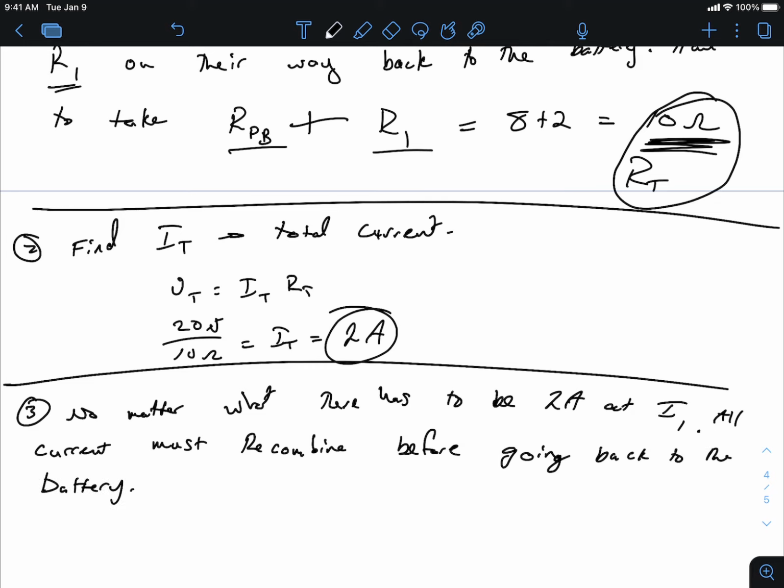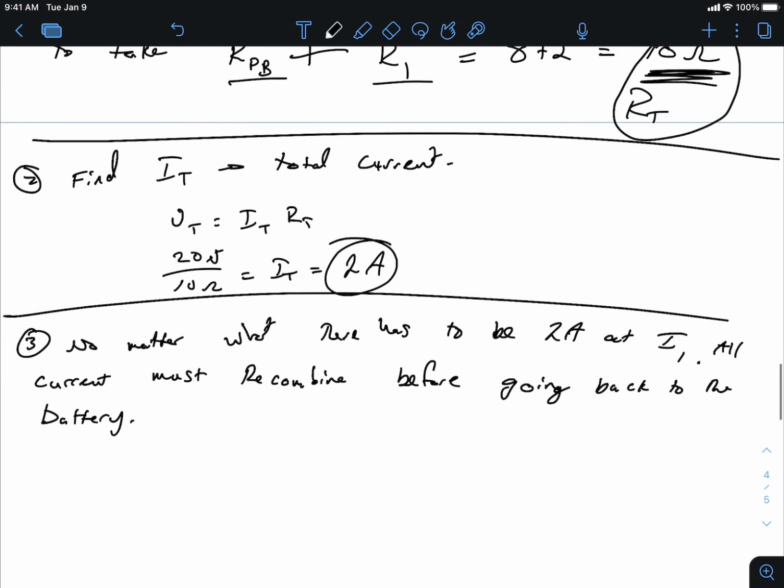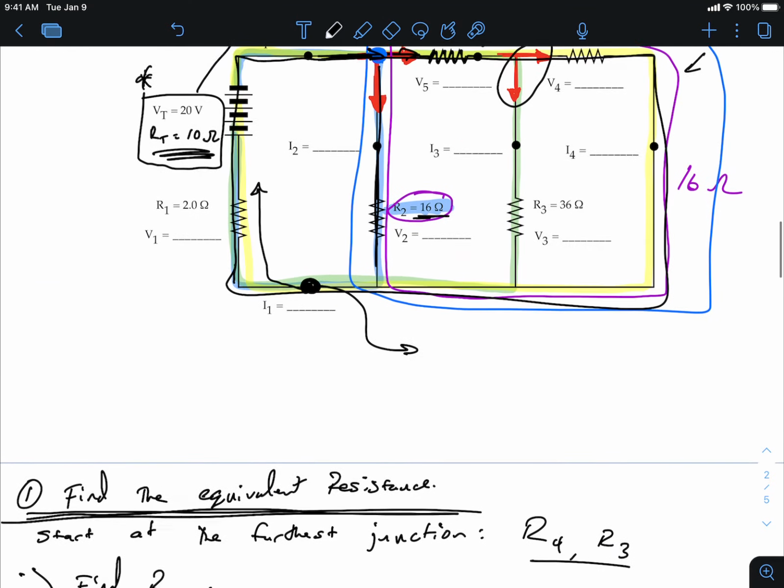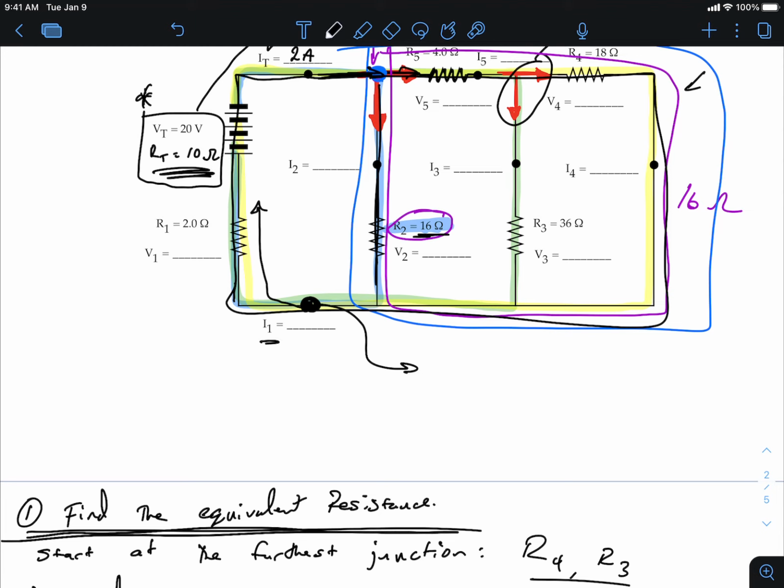All right, which means we can find, well, let's go up. That must mean that I1 here, if all the current has to combine back to go back to the battery, that must mean that I1 is 2 amps, right? Because current just can't magically disappear. It's all got to come back to the battery.